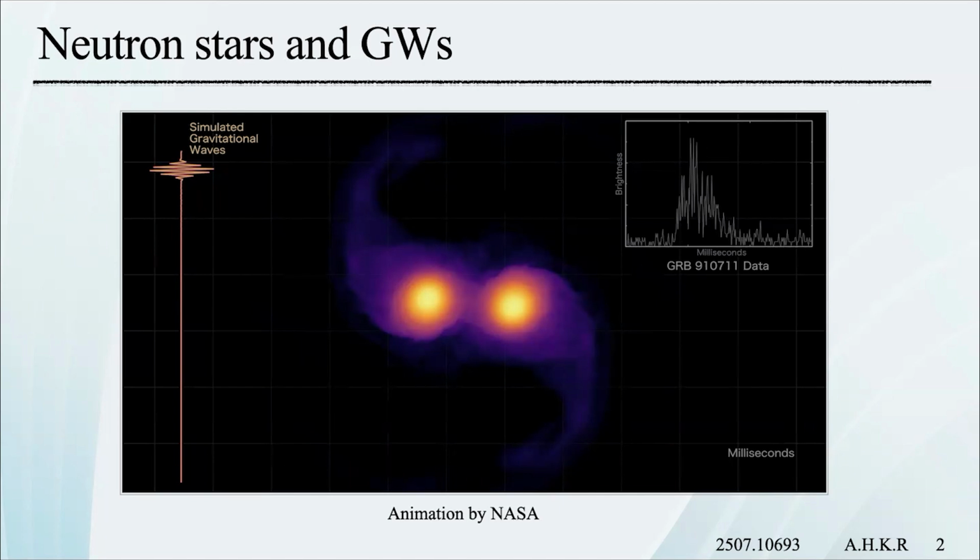Let me begin by playing a movie of a binary neutron star event. In this movie, the two blobs shown here are two neutron stars that are going around each other. There is also some simulated gravitational wave emission from the system shown here. And then the electromagnetic signal, the gamma ray emission after the merger, will be shown here. I'll play this movie and then we can analyze the different stages of the event in the next slides.